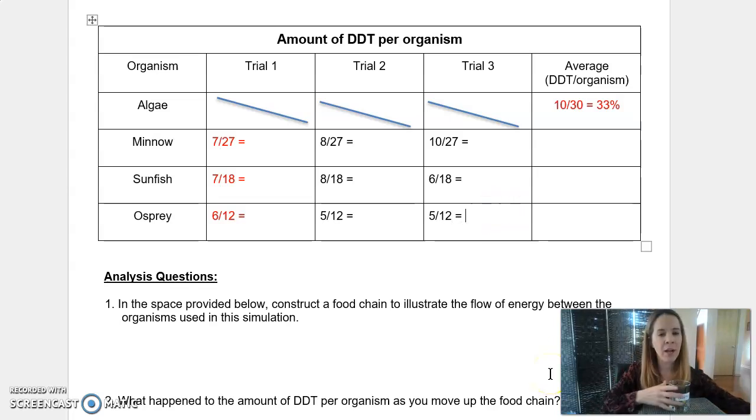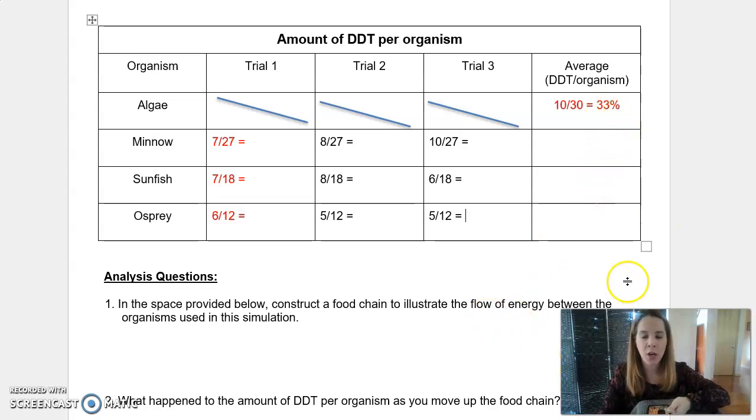Okay, then you can get out your calculator to calculate the percentages or the decimals here. So 33% started out in the algae, 33% DDT contaminants.